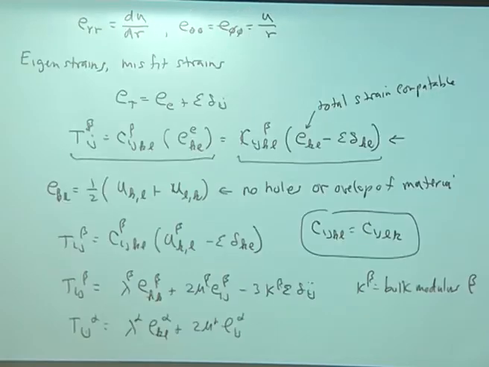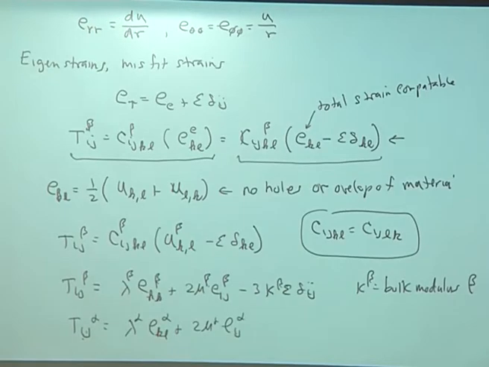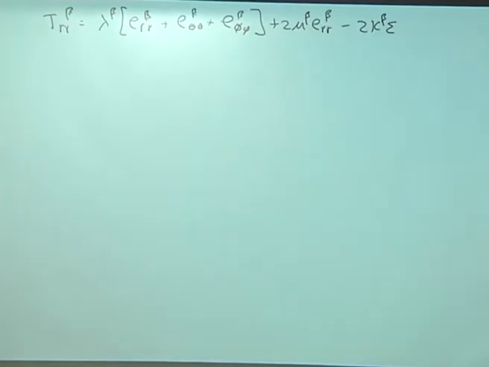So the Ij, you know, Ij can take off. So we're looking at TRR. So you get ERR, which is what this is. And this is the trace. So it's E theta theta, E phi phi, and ERR.